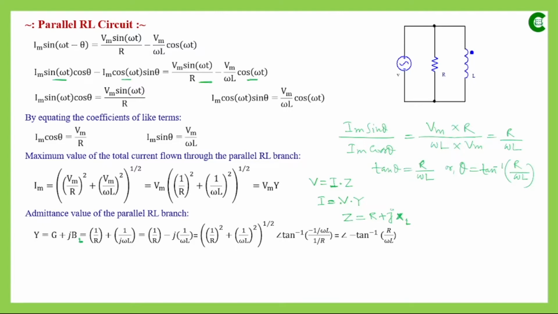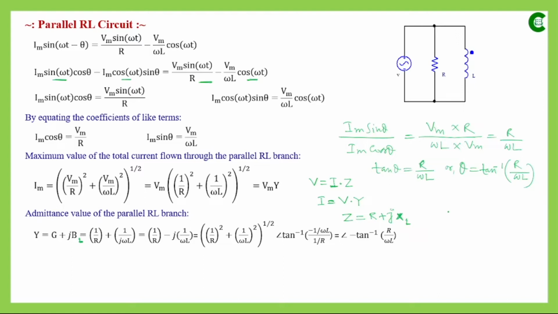So the phase angle of the voltage is 0 degree, and we know that in case of an RL circuit, current lags. So definitely the lagging angle will come from this admittance part. So the phase angle of this admittance will be lagging in nature, and that's why here the phase angle is minus tan inverse R by omega L.